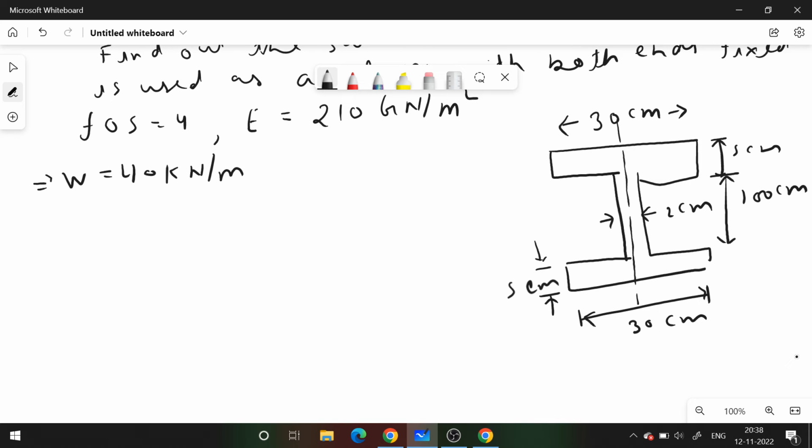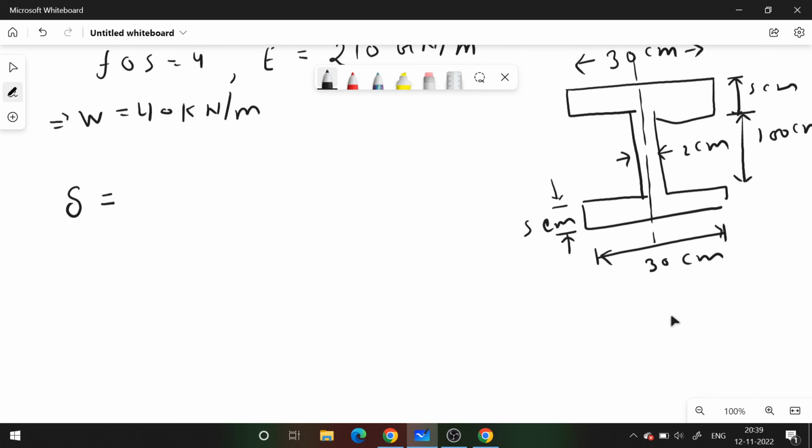As we know, the maximum deflection in the case of a simply supported beam having a uniformly distributed load over its whole length will be equal to 5 upon 384 WL to the power 4 upon EI, where W is the uniformly distributed load, L is the length of the beam, E is the modulus of elasticity, and I is the moment of inertia of the cross section about its neutral axis.